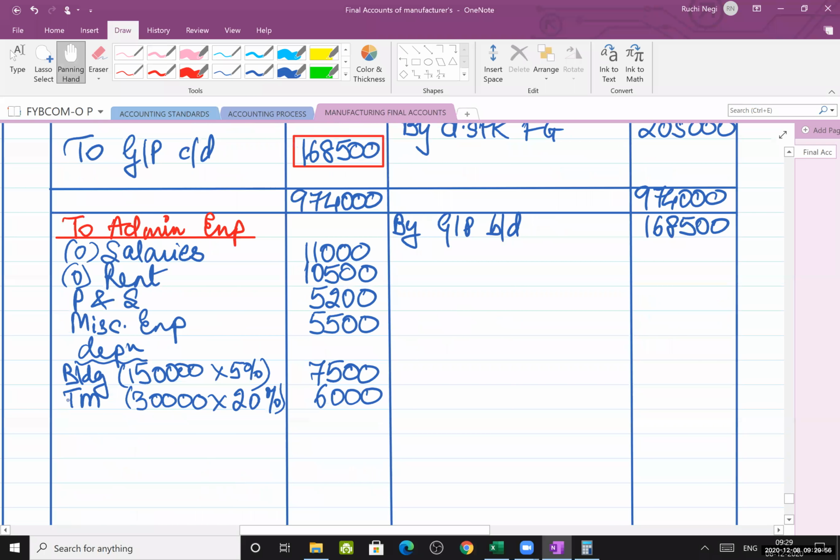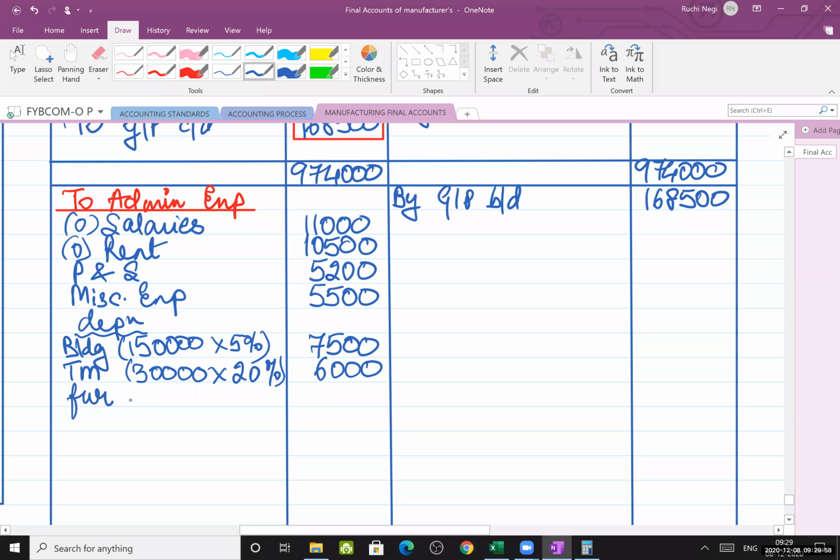Then depreciation on furniture will also come here, within admin expense. Okay, and furniture was how much? 40,000. So 10% depreciation on 40,000 makes it 4,000.